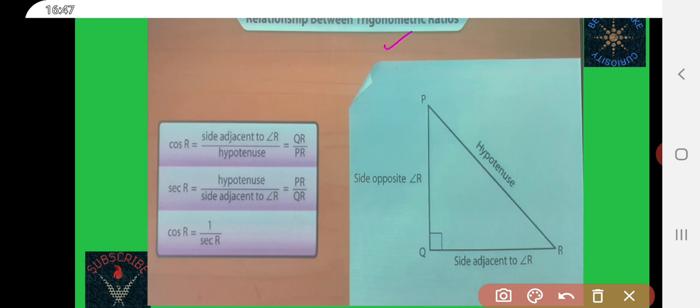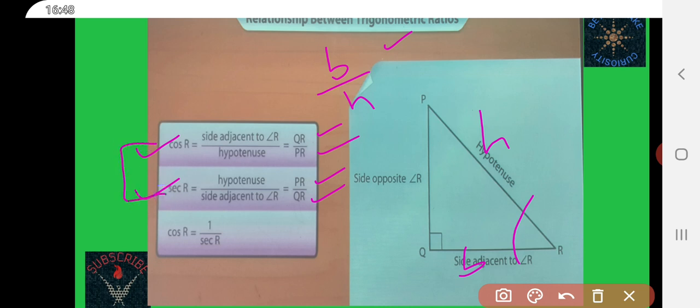Here cos r is b by h, that is qr by pr, and sec r is h by b, that is pr by qr, and they are reciprocal to each other.